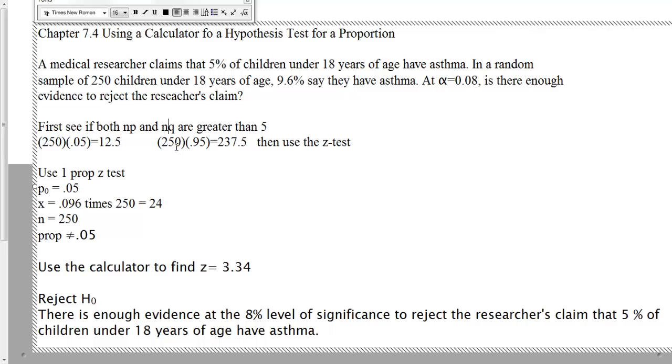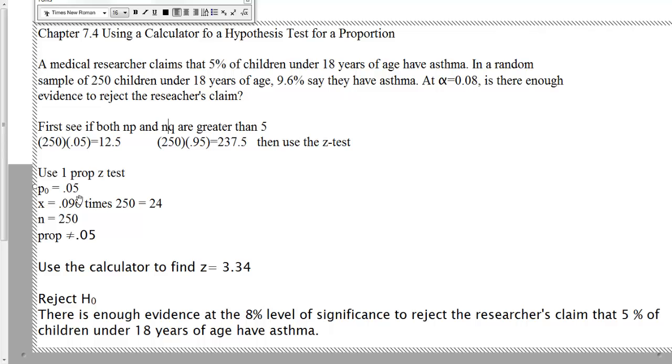So n again is 250, and q is 0.95 because you take 1 minus 0.05 and you get 0.95. That turns out to be a huge number, and so it's greater than 5, so I know I want to do a z-test. I'm going to go to the calculator in just a few minutes and use the one proportion z-test.